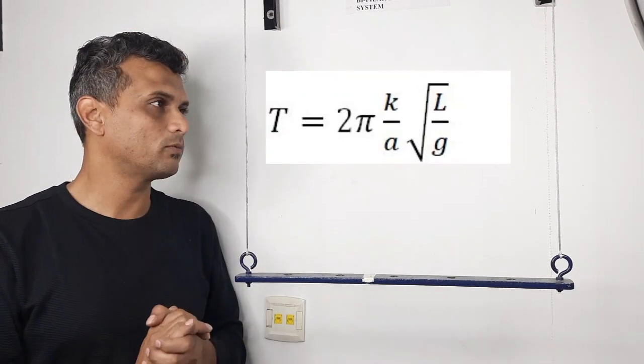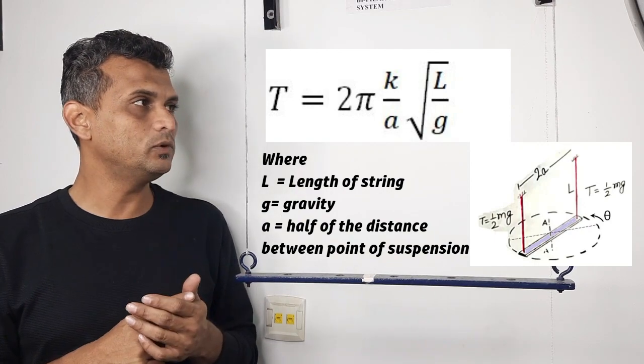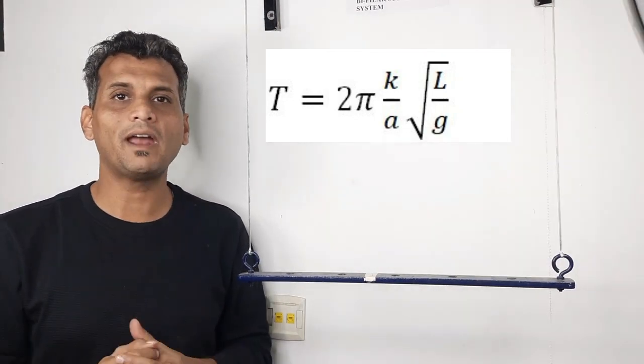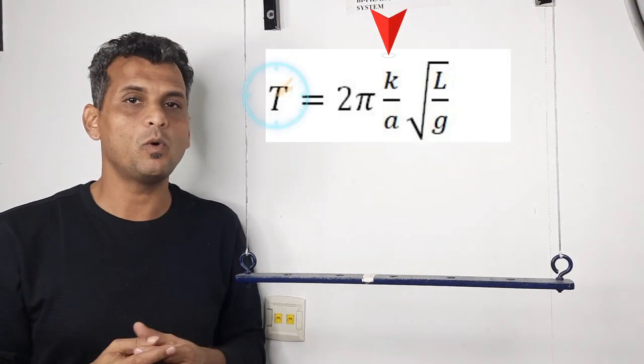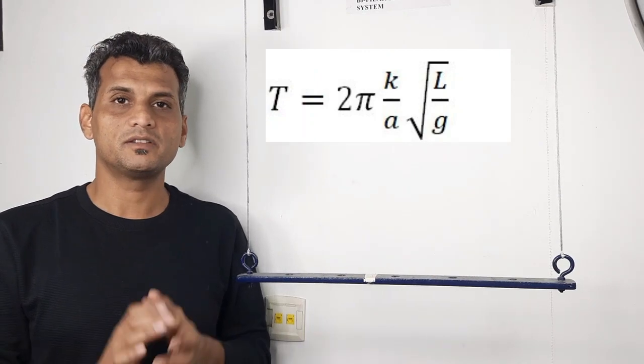So this is my formula, and here you know the L value, you know the g value, and you also know the distance a between the two strings. The only unknown value is K. So if I measure the time period of my system, I will be able to get the radius of gyration.